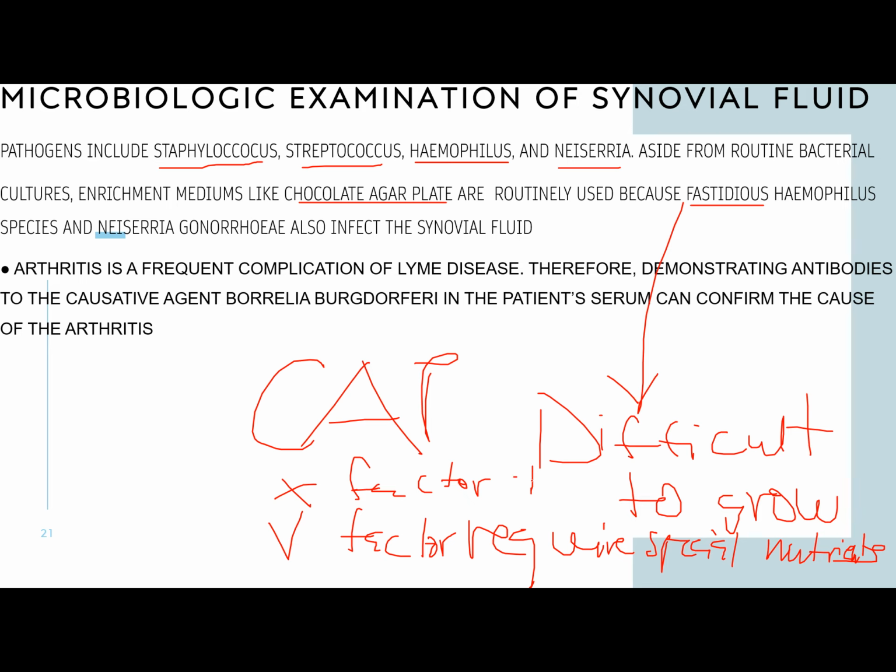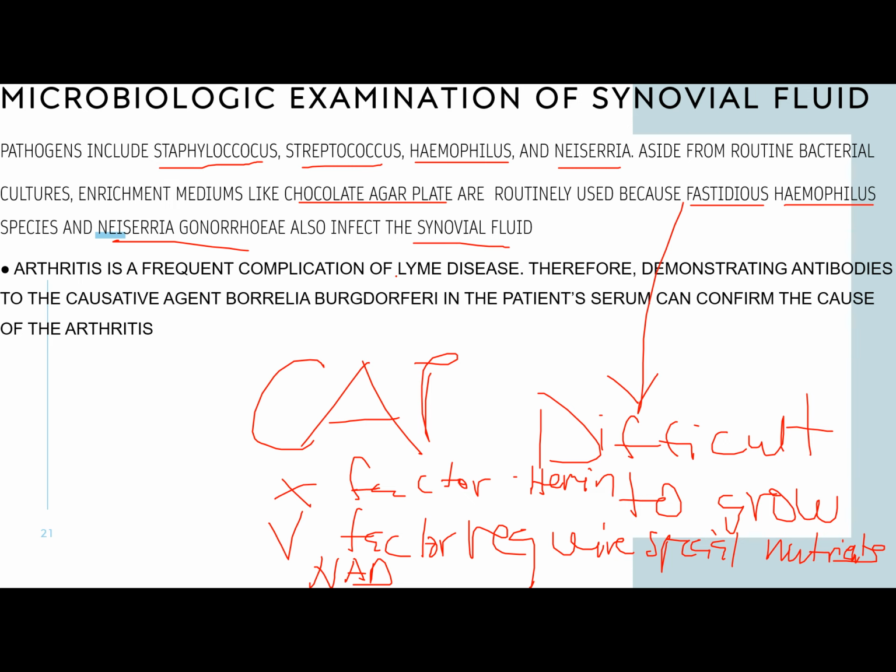X factor, class, is known as your hemin, and the V factor is known as your NAD. So usually used for Haemophilus; Neisseria gonorrhea would also infect the synovial fluid. So you would use the chocolate agar plate for these two bacteria, class, Haemophilus and Neisseria gonorrhea.